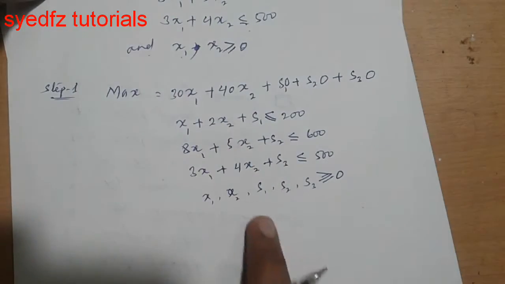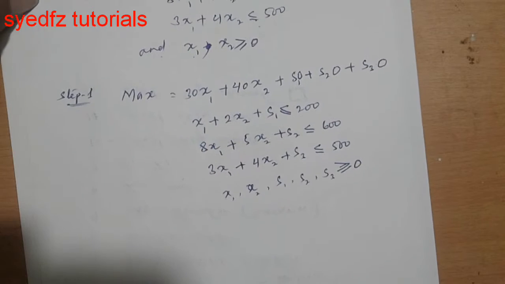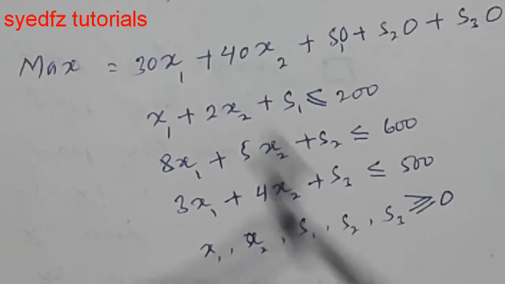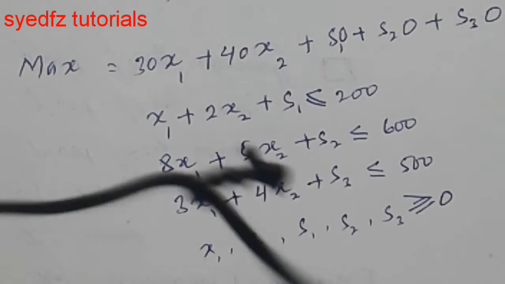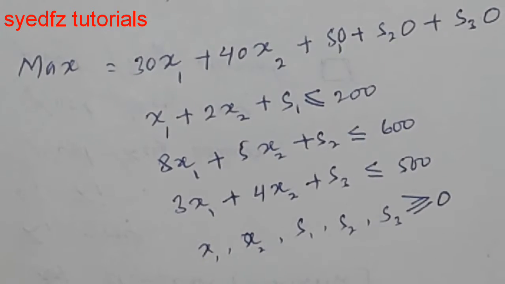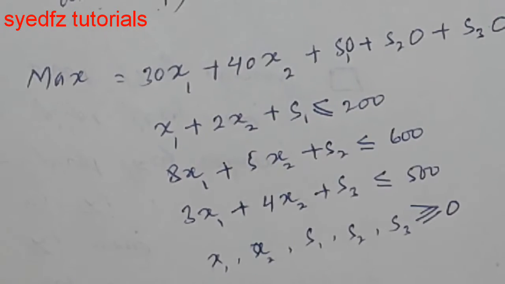In the simplex table, this is the basic feasible solution. Otherwise you can check it like this.